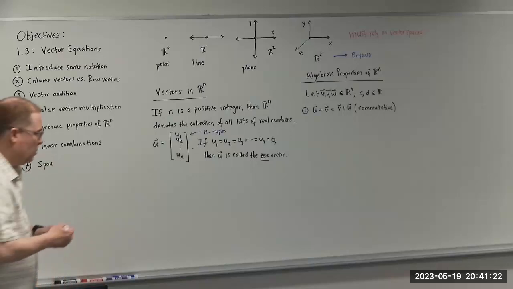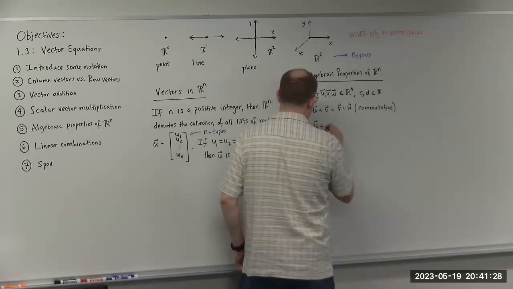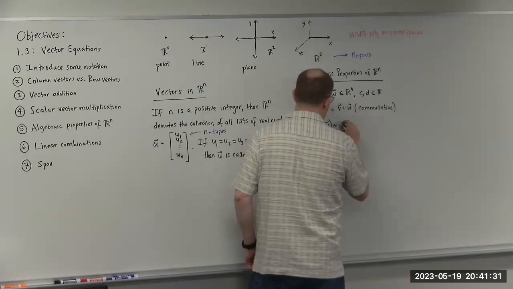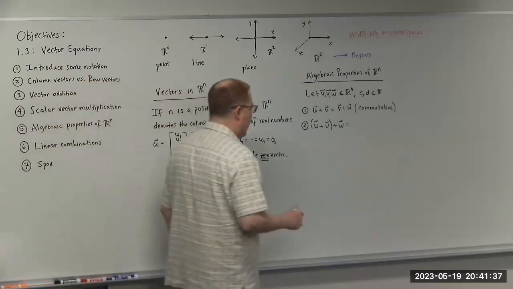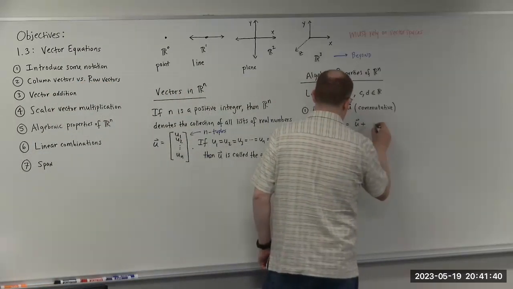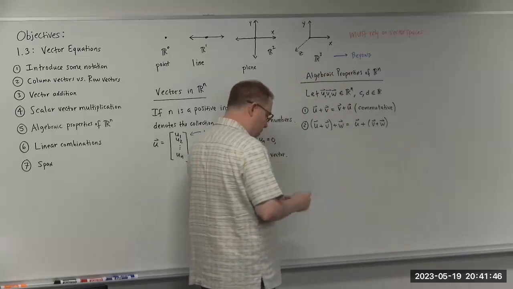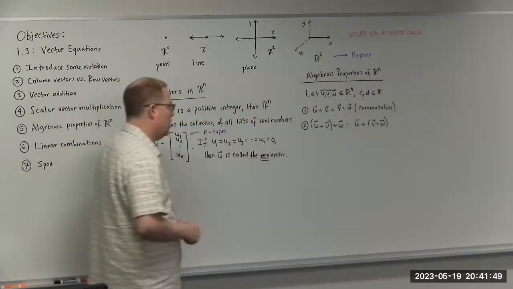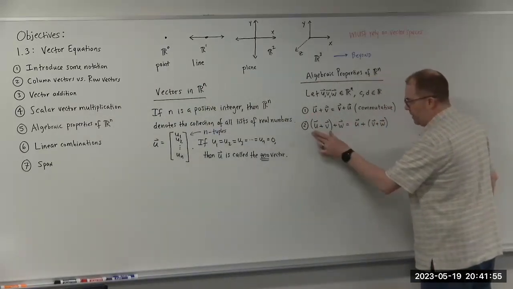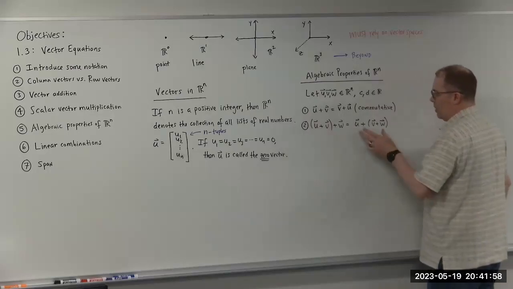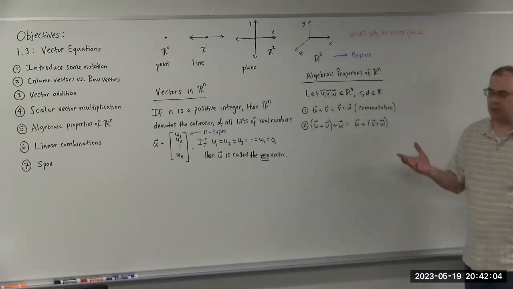The next one is the associative property. If I take the vectors u and v, add them together and then add w, I can get the same result by adding v and w together first, and then adding u.